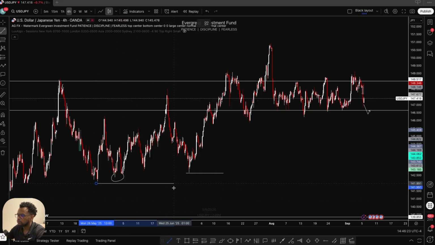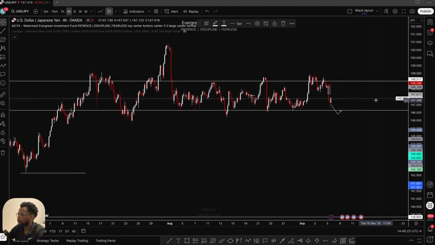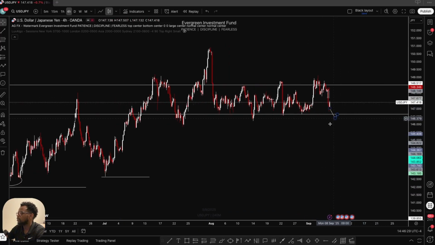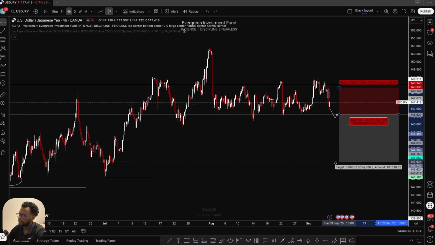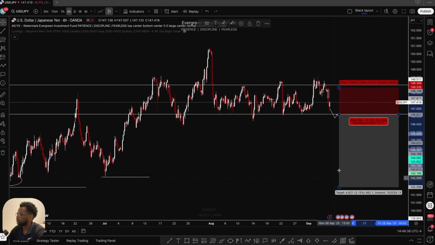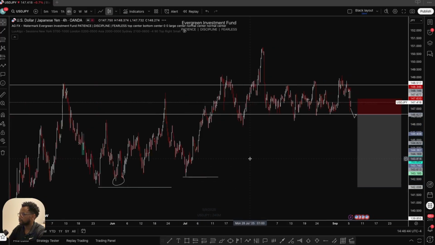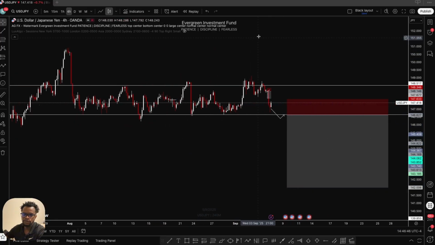So as soon as we can break out of the structure, we're expecting price to drop because the dollar is very weak at the moment, and we can potentially see us targeting these type of areas in the next coming weeks. And yeah, that's what I'm looking at on UJ.